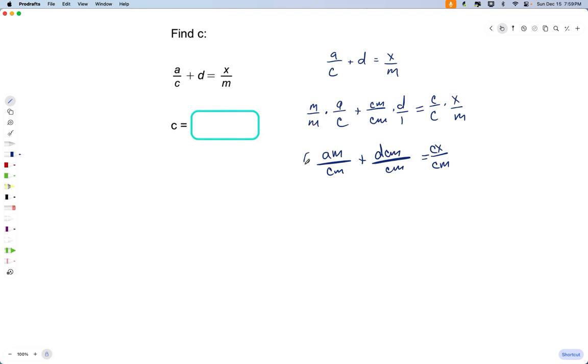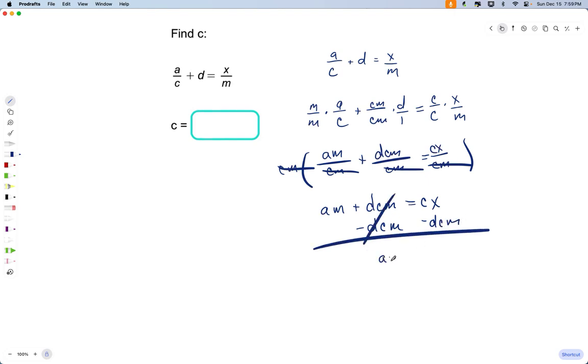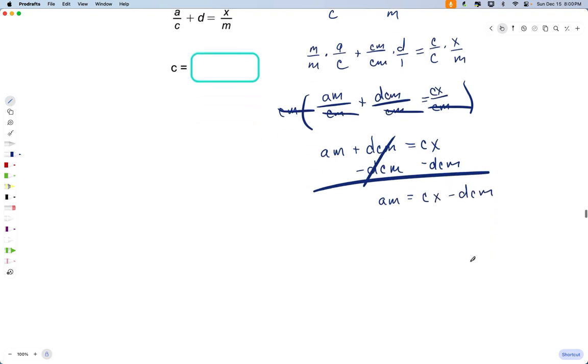Cancel, cancel, cancel. am plus dcm is equal to cx. Subtract dcm from both sides. am is equal to cx minus dcm. Factor out the c. am is equal to c times x minus dm.